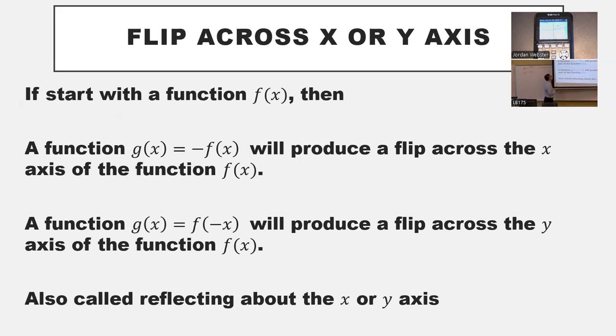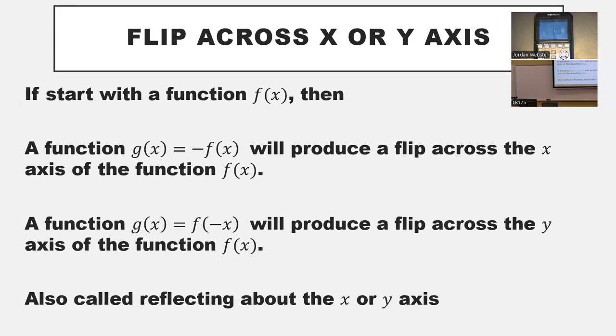Now, the next type of transformation that we'll do is flipping across the x-axis or flipping across the y-axis. And that's what happens when I introduce a negative.